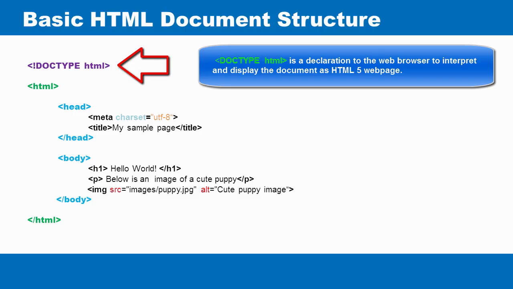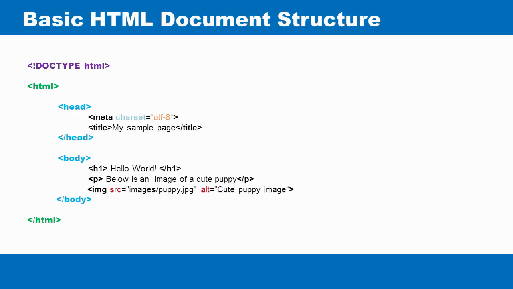So in the illustration here, I'm saying doctype space HTML. So I'm basically saying the document type is an HTML document. The way you write the doctype, you do the less than sign, exclamation mark, doctype, and then HTML, and then a greater than sign.